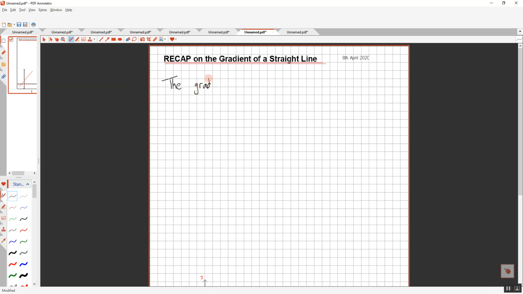The formula for the equation of any straight line is given by y equals mx plus c.